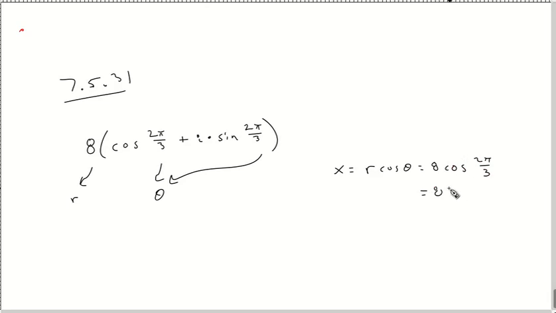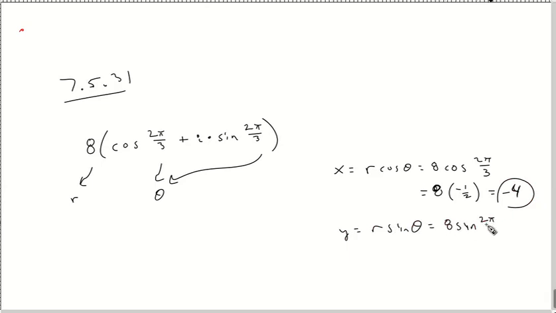Cosine of 2 pi over 3, that's 120 degrees, I believe. So my cosine would be negative 1/2. Therefore, we get a negative 4. I'm not going to box it in. We're not quite there yet. Y is equal to R sine theta.